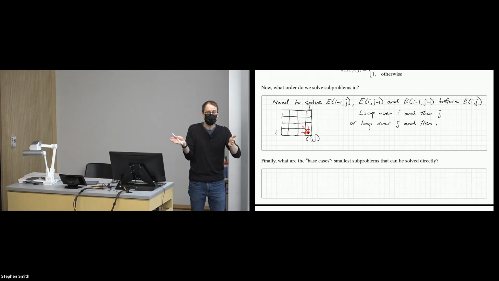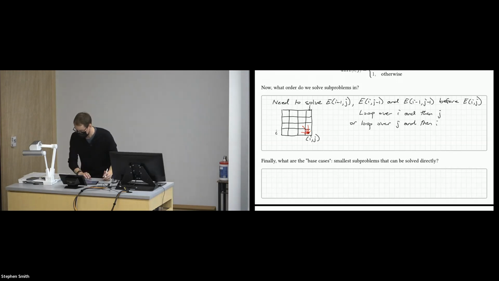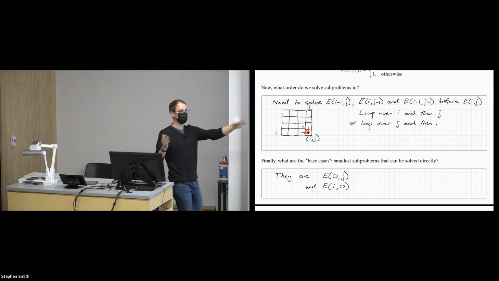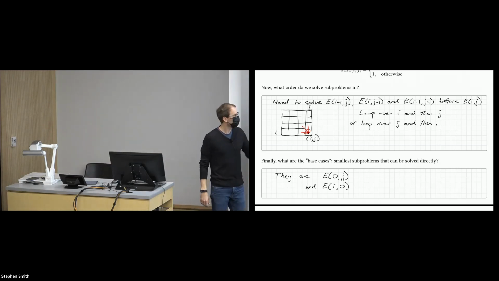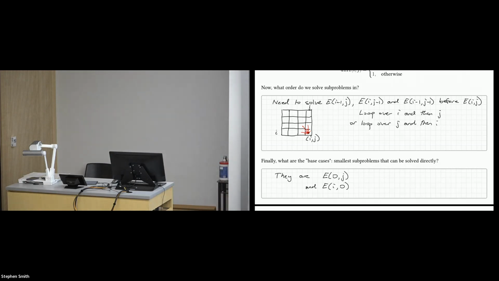I have nothing yet in Y and I just have some of X. So there'll be aligning E(0,j), so that means none of X with the first j characters of Y. Or aligning E(i,0), the first i characters of X with nothing from Y. And so what would be the cost of this? How many edits do I have to make to an empty string to make it look like a non-empty string of length j?